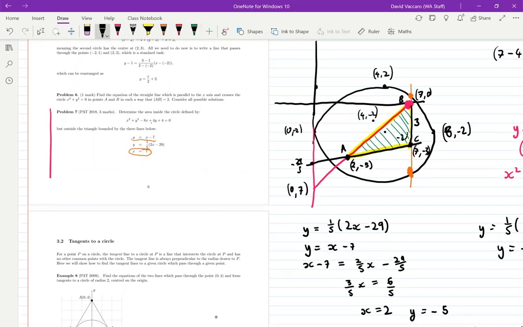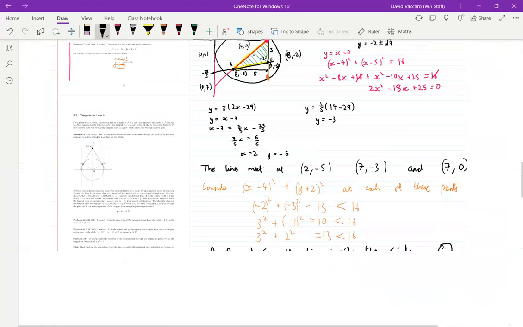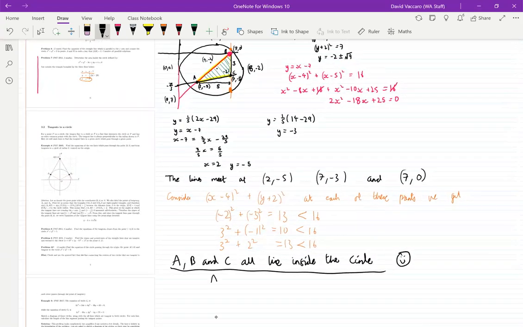So this is 3, and the height is then the difference in the x coordinate. So that's a difference between 2 and 7. So that's 5. So the area of the triangle is 3 times 5 over 2, and that's just half base times height.